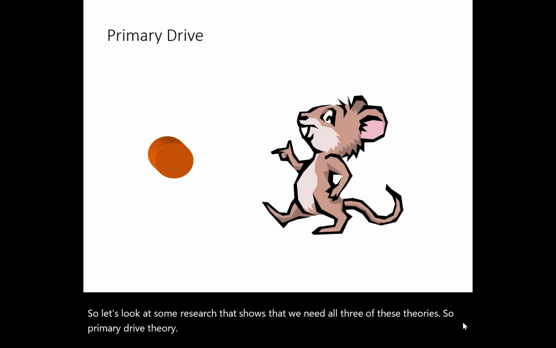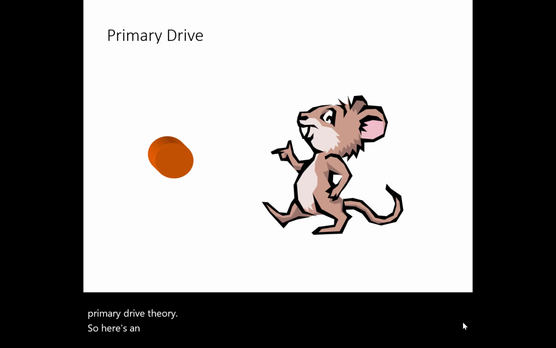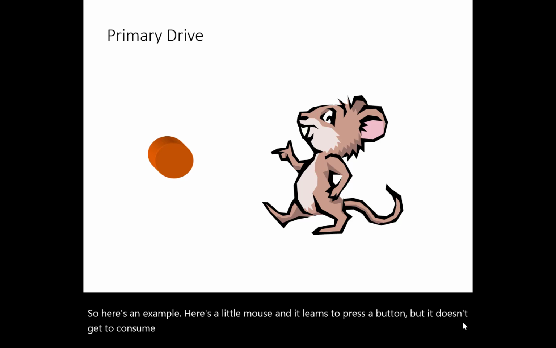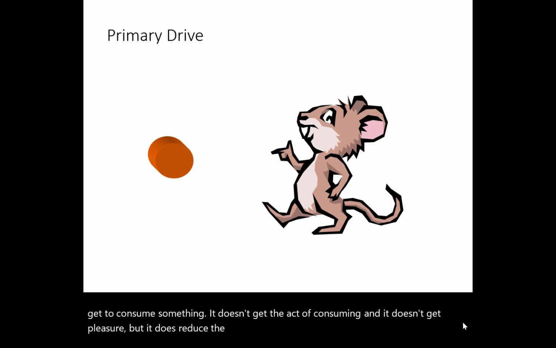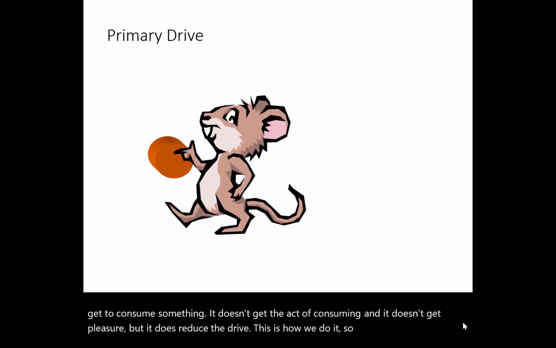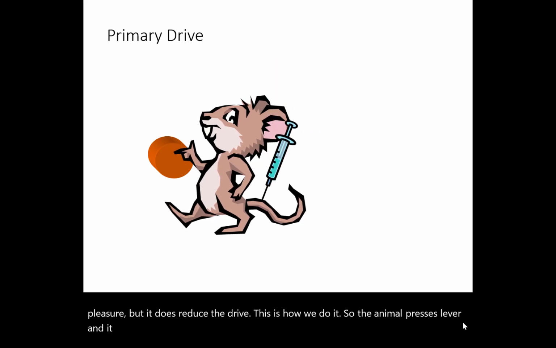So here's an example. Here's a little mouse, and it learns to press a button, but it doesn't get to consume something. It doesn't get the act of consuming, and it doesn't get pleasure, but it does reduce a drive. This is how we do it. The animal presses a lever, and it gets an injection of glucose. It gets a little glucose pumped into its veins.